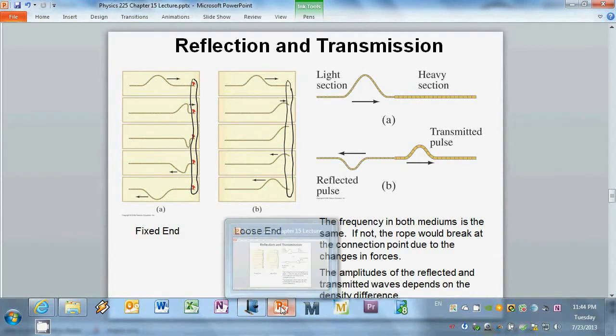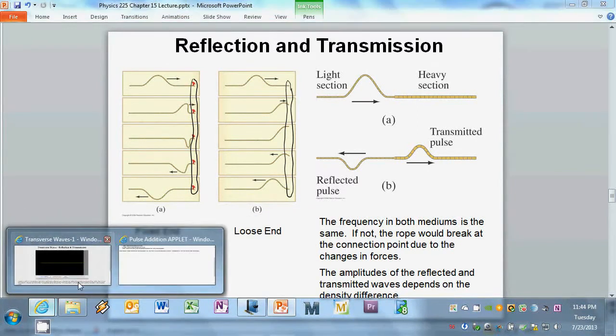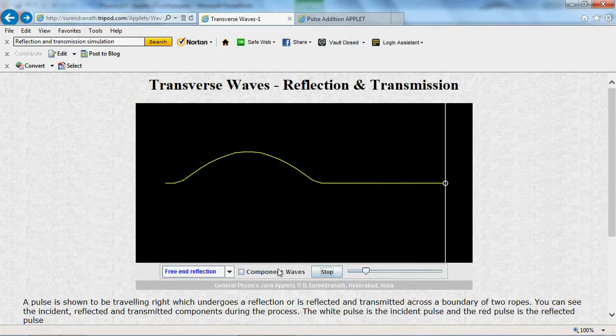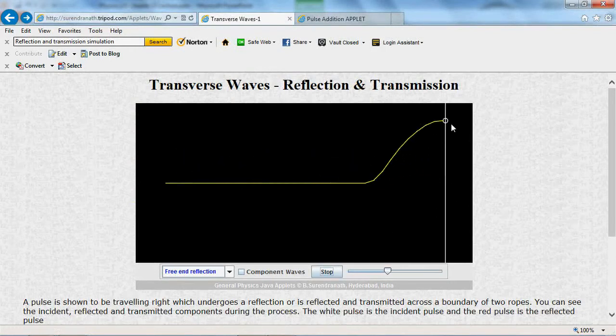Let me show you the loose end. You'll notice how this end pops up and just comes back down. Basically it acts like if you're over here to send the pulse, you'd have to whip the cord. This is just doing the same action, whipping the cord and sending it back.